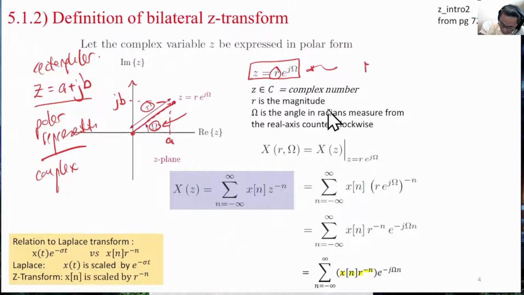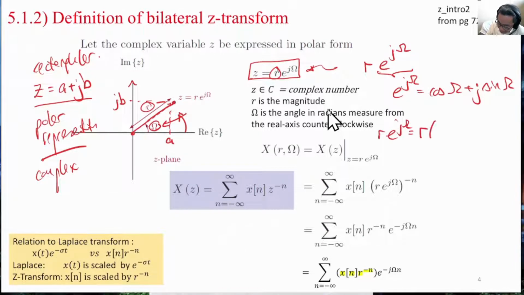So it will be r e^{jω}. Omega is the angle anti-clockwise from the real line, the positive real line. Now, remember Euler's formula? e^{jω} equals cos ω plus j sin ω. So what is r e^{jω}?